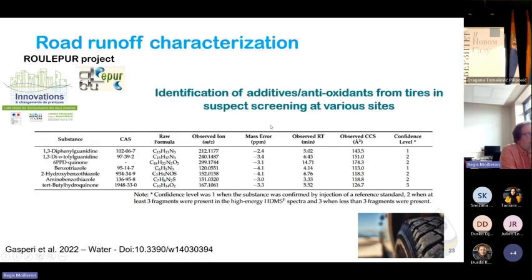In the same project, we tried to detect in suspect screening mode these molecules, but also other additives that can be released from tires and from cars, such as benzotriazole, and we were able to detect them in the samples and in the soils.